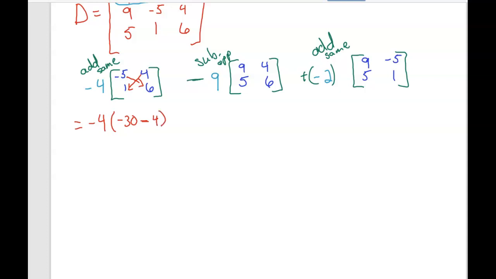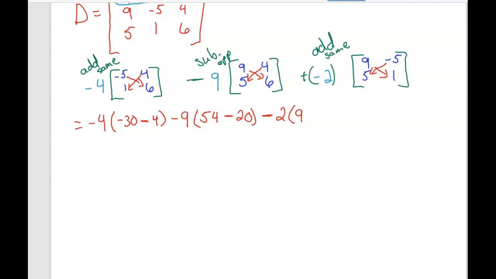Then I'm going to have a -9, 9 times 6, which would be 54, minus a 4 times 5, which is 20. A plus and a minus right here would become a -2.